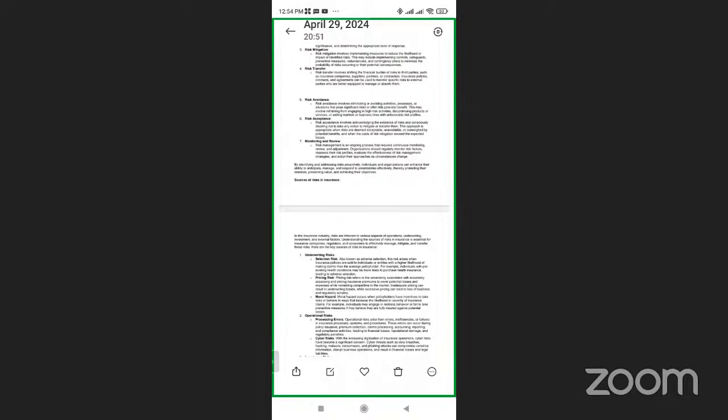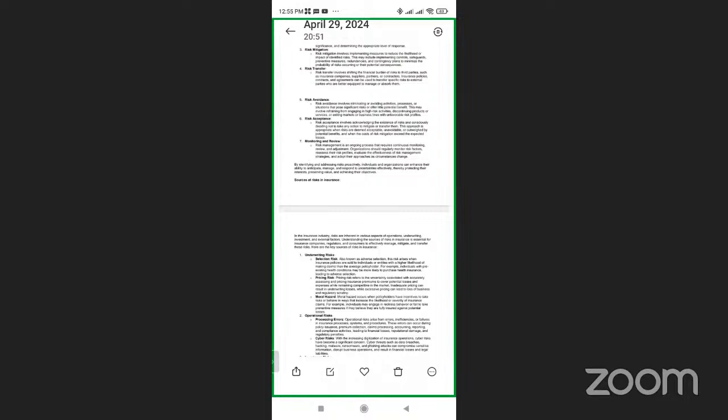Or if those who are supposed to pay less premium are being charged high premium, it will also result in higher risk. So pricing risk is also a part of underwriting risk. At the time of pricing the policy, the insurance company can identify the risk.